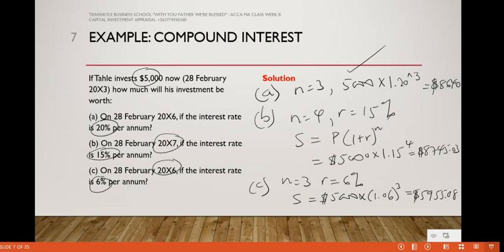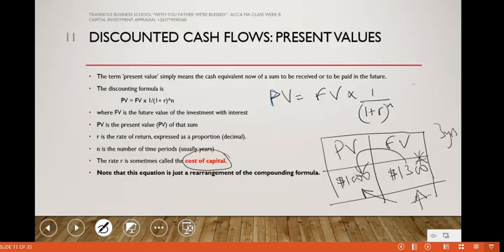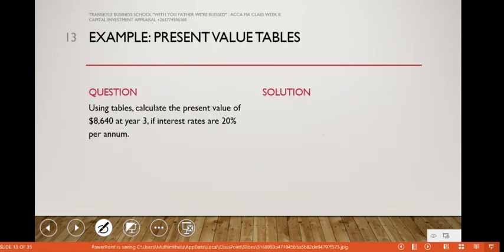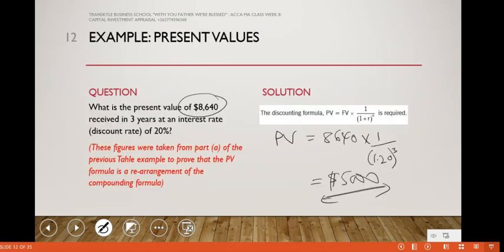This was the PV, the amount invested today. So the PV just tells us the significance of the amount which we are going to receive in future years, which is very important for investment appraisal.